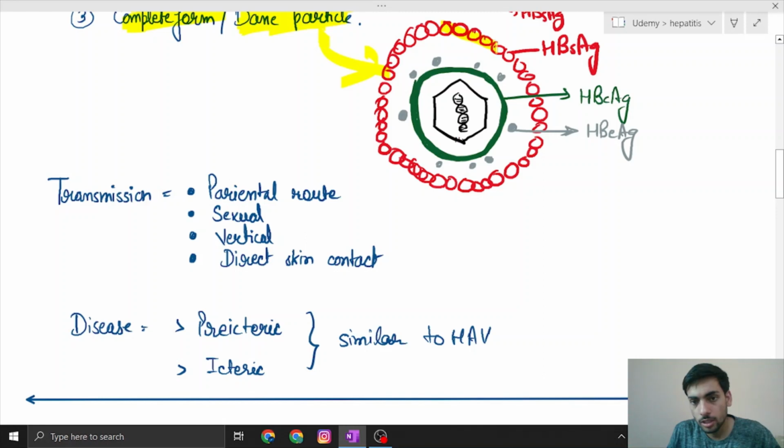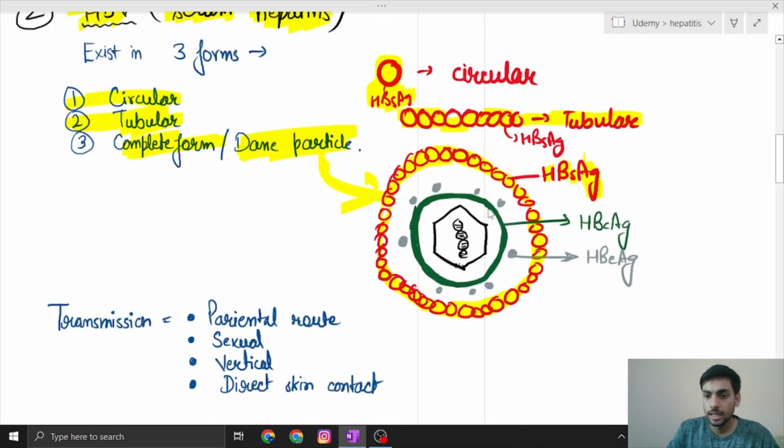This outer layer which I am highlighting right now is the HBsAg, hepatitis B surface antigen. This surface antigen acts as a covering or envelope of this virus, and the circular part and tubular part are made of this HBsAg.